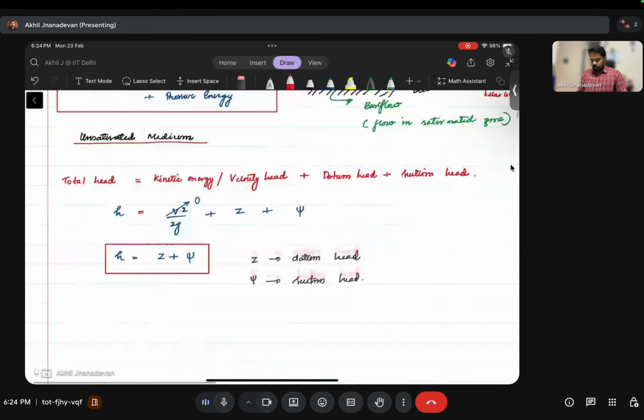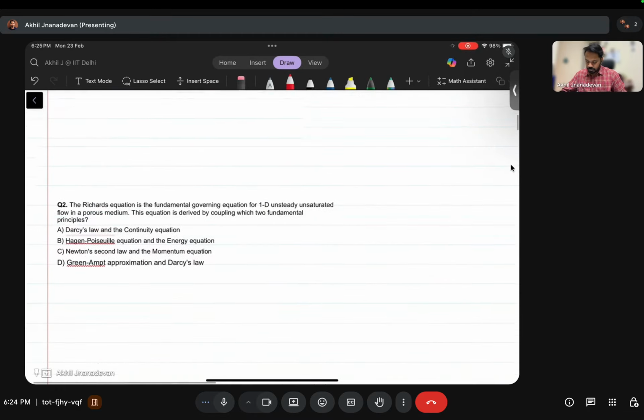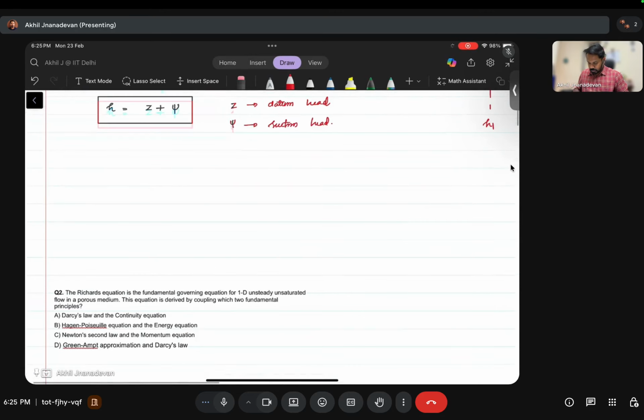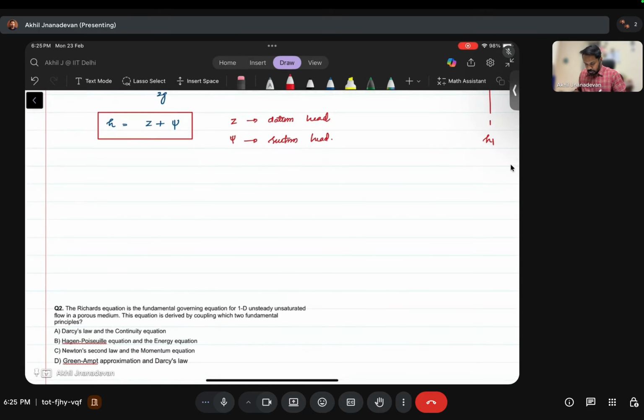The correct option is B. The main takeaway is that the head driving the flow in an unsaturated porous medium is the suction head and the datum head. So we can move to the next question.